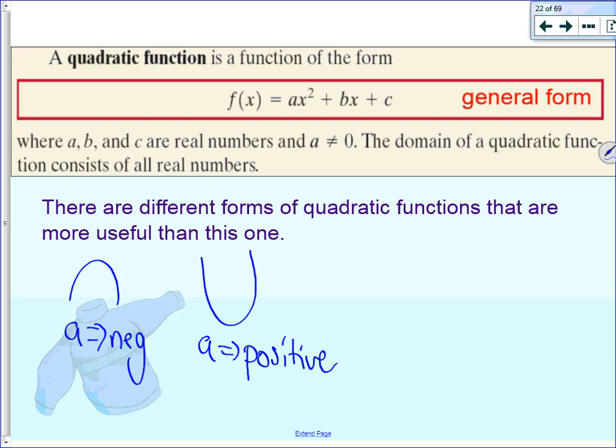Now, in terms of the other forms of quadratic functions, you have what's called intercept form, which is also called factored form, depending on which way you want to look at it. The intercept form is really good if you want to graph the intercepts of a quadratic function. So the intercepts are actually the x-intercepts.